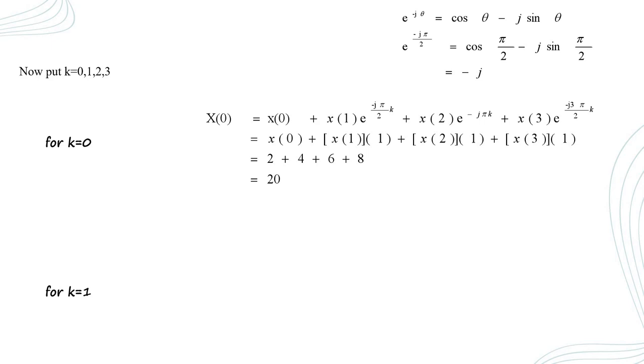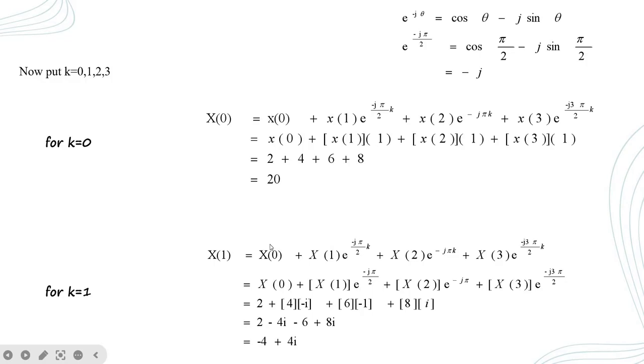Next we have to go for k is equal to 1. Now you have to substitute k is equal to 1 in this equation. So x of 0 again remains as it is. This is small x of 0, it is not capital X of 0.